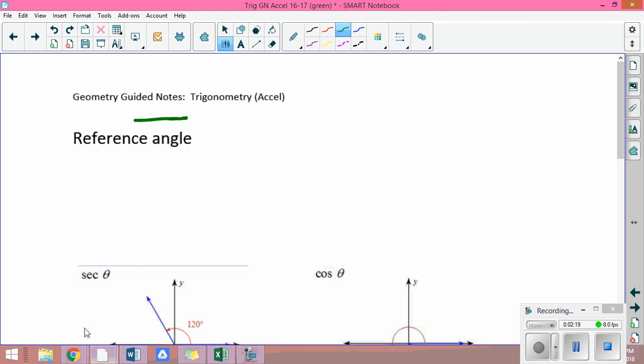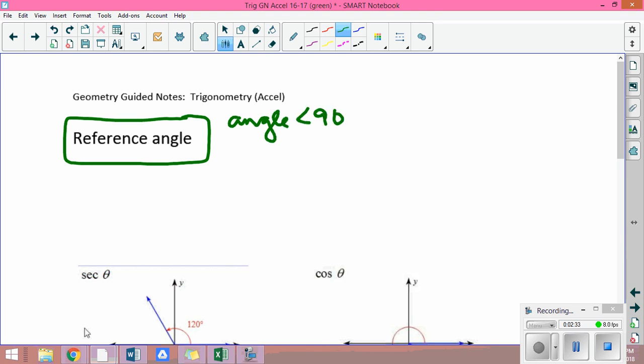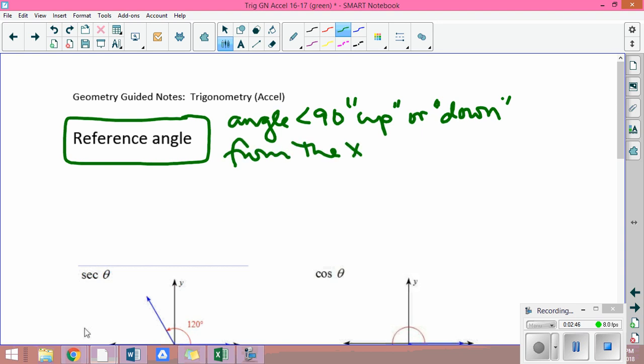One key concept is this idea of a reference angle, and we talked about this with the unit circle. But remember, a reference angle is the angle less than 90. We're going to say up or down from the x-axis.